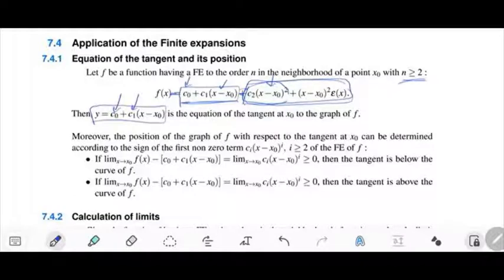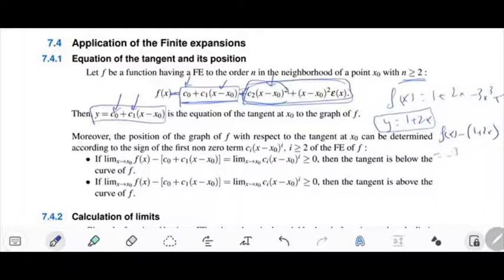For example, if my expansion is like this, if it's f of x being equal to 1 plus 2x minus 3x3 plus whatever, then if this is an expansion around 0, then y equals 1 plus 2x is the equation of the tangent, and f of x minus (1 plus 2x), which is the tangent, is equal to minus 3x3 plus x3 epsilon of x.